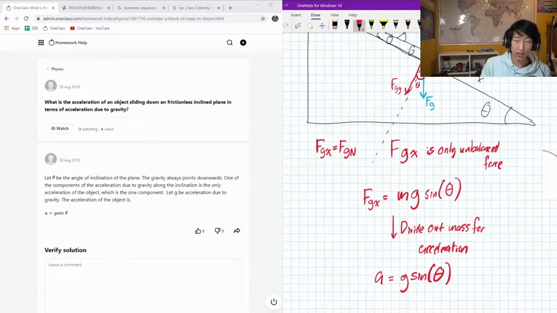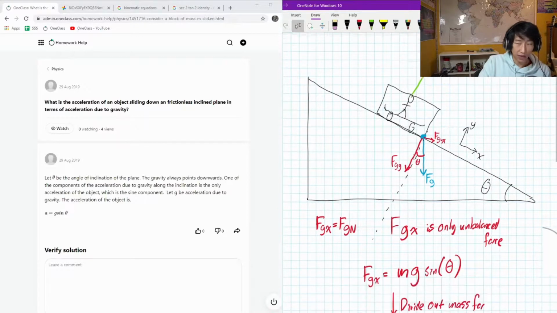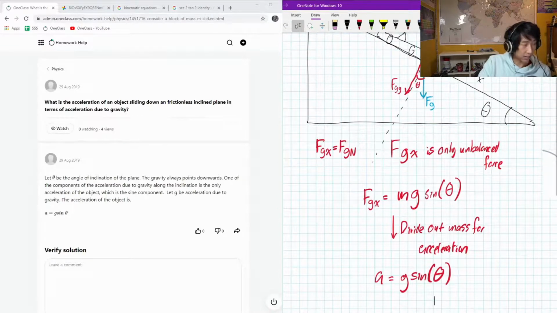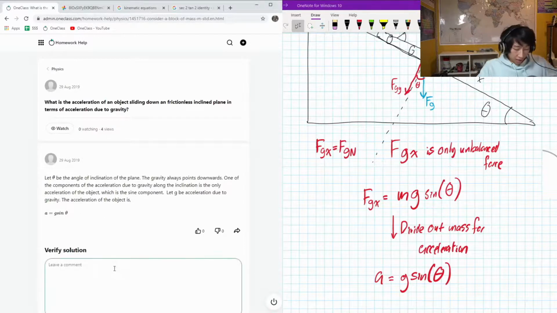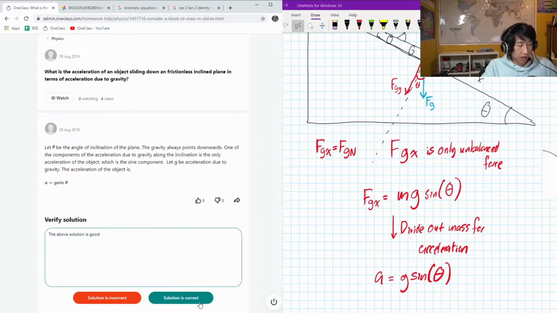So the acceleration due to gravity multiplied by the sine of the angle will give you your acceleration down the ramp. And that is precisely what we have down here, and that is awesome. So yeah, the above solution is good. Awesome. Big high five.